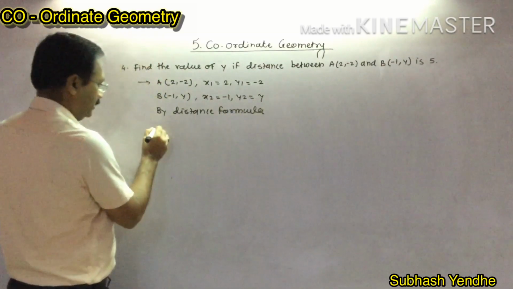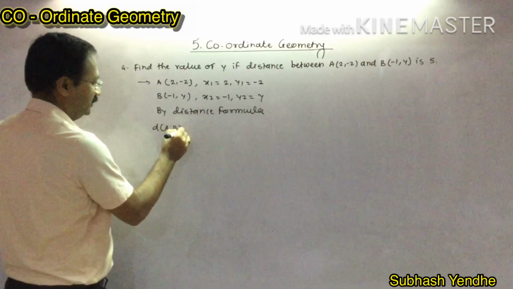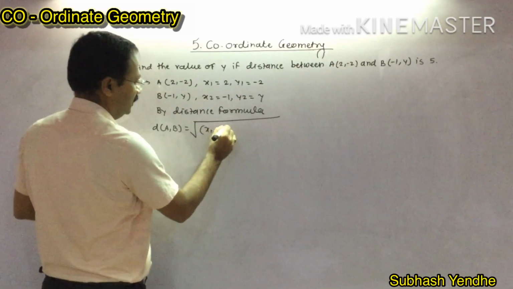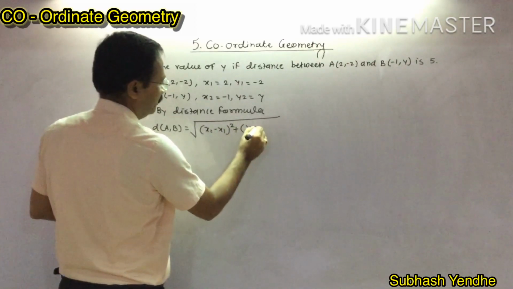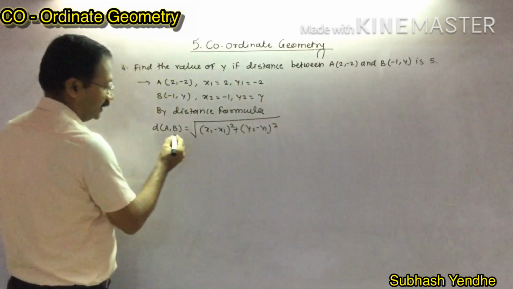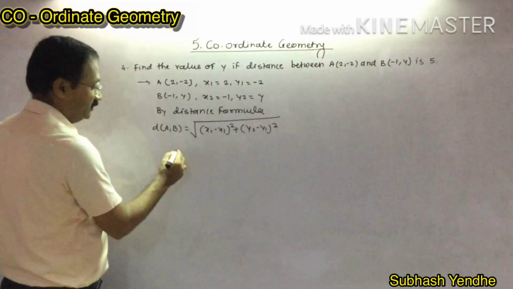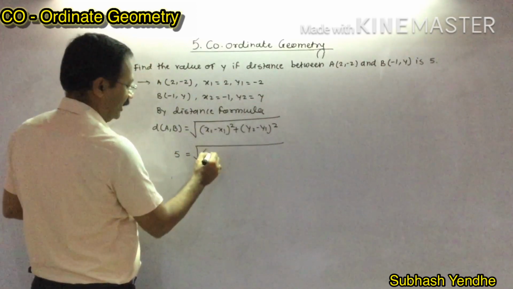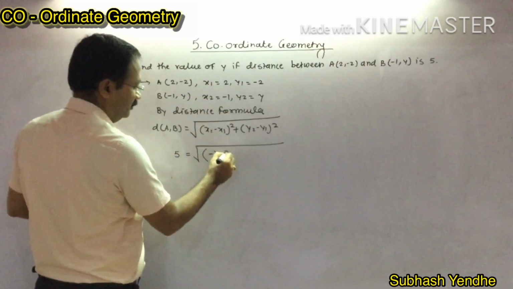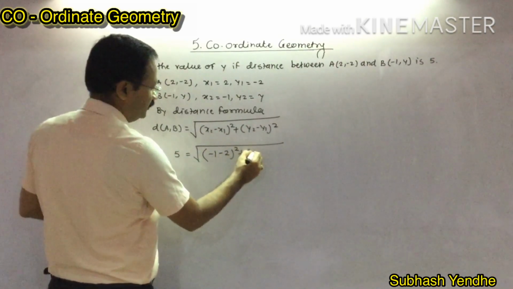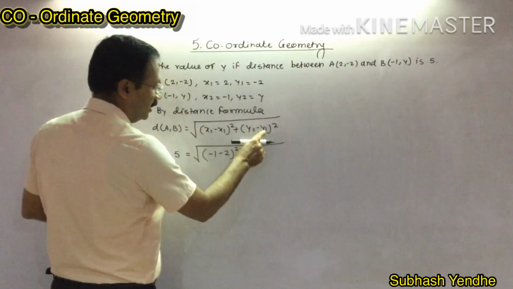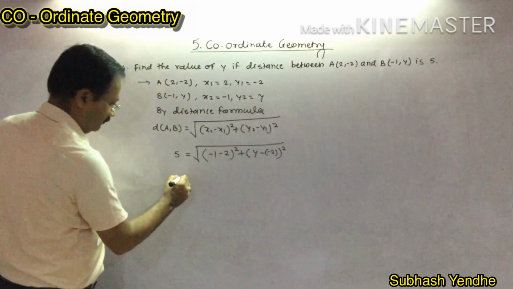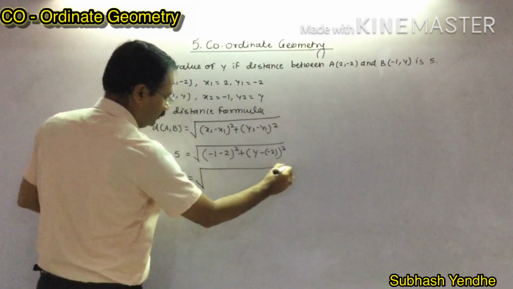distance AB equals under root (x2 - x1)² plus (y2 - y1)². But now the distance between A and B is given as 5. Under root, x2 is -1, x1 is 2, y2 is y, minus y1 is minus -2, so it should be in a small bracket. 5 will be as it is under root.